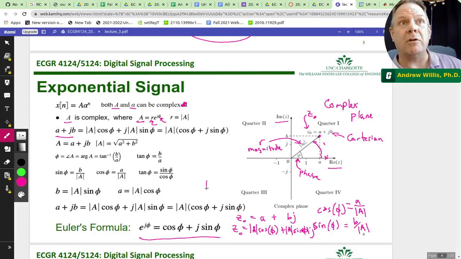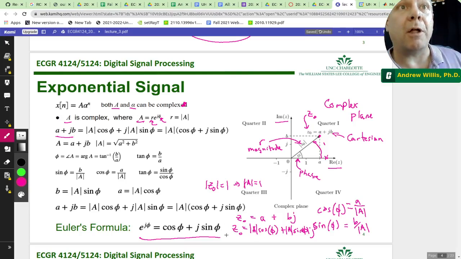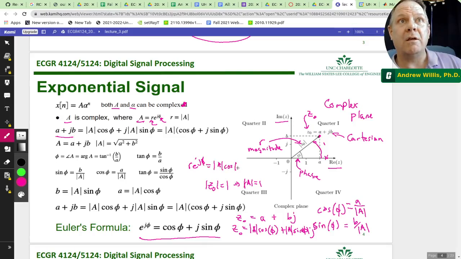Now if the magnitude of z naught is equal to 1, then magnitude of a is equal to 1. And then we have cosine of phi plus j times sine of phi is equal to some complex number on the unit circle. So r e to the j phi is equal to magnitude of a cosine phi plus j magnitude of a sine phi.